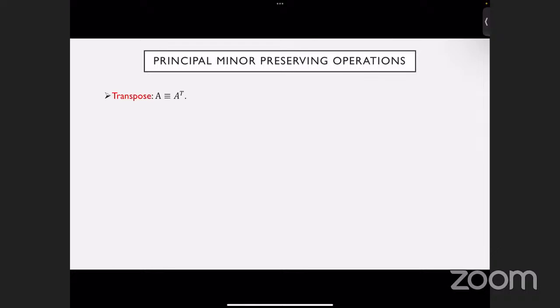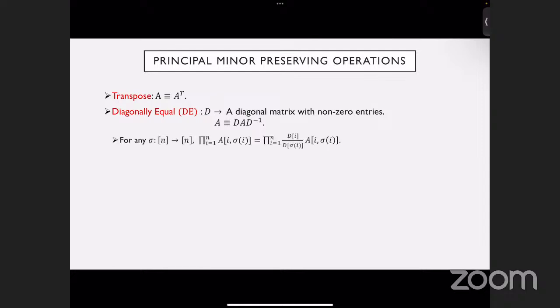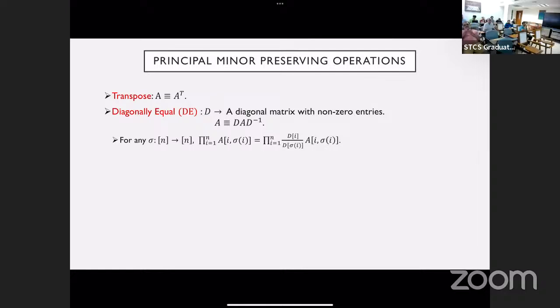One easy operation is just taking the transpose of the matrix, and the second operation is obtained by multiplying the matrix from the left-hand side with a diagonal matrix and its inverse on the right-hand side. This diagonal matrix has to be invertible. So why do they have the same principal minors with those kinds of matrices?